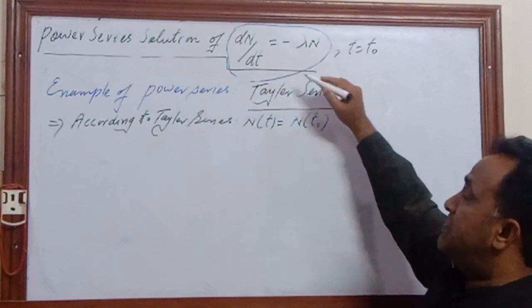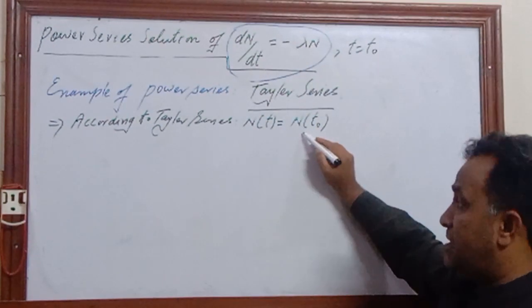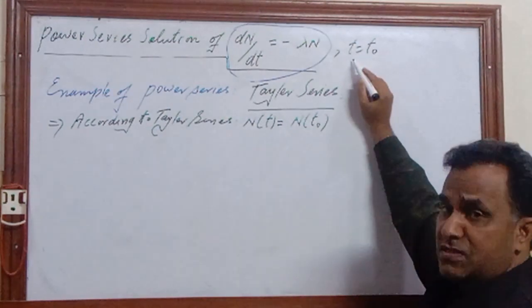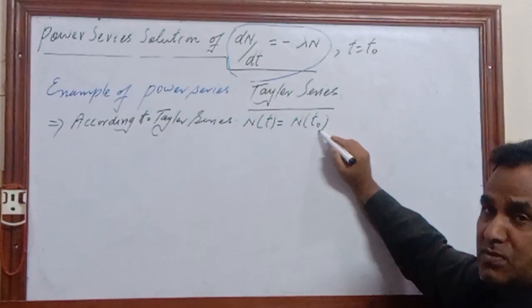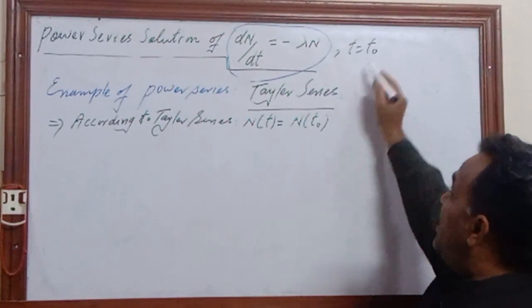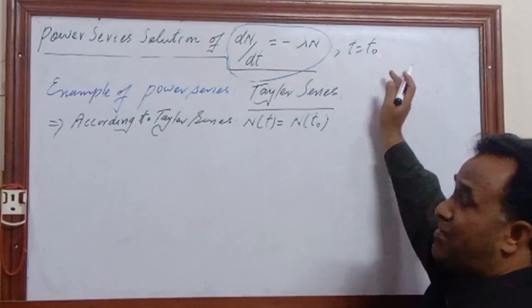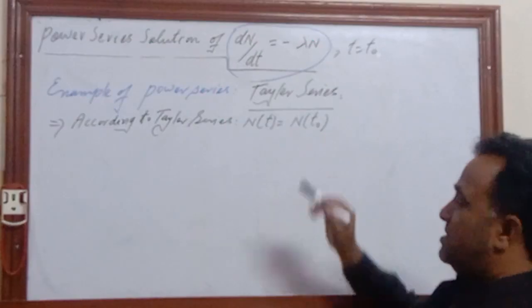That value of time will be used here in the Taylor series. If t is taken to be 0, then in place of t naught we will use the value 0. But this is a general value, t naught might be 0, might be other than 0. So we are taking a general case.